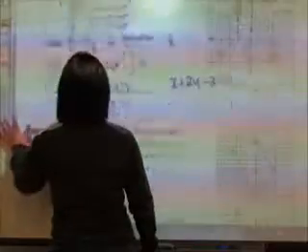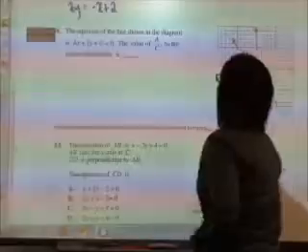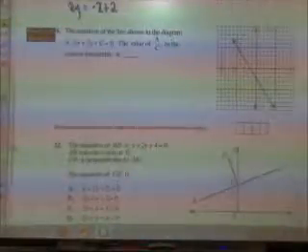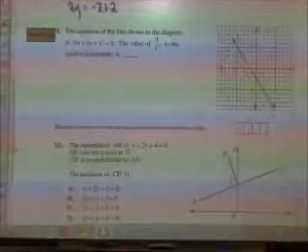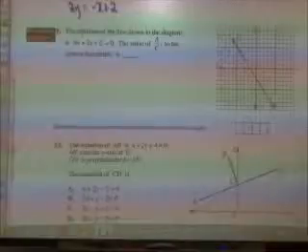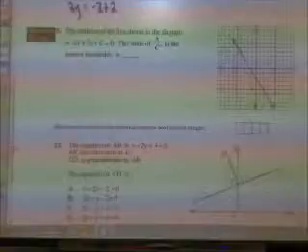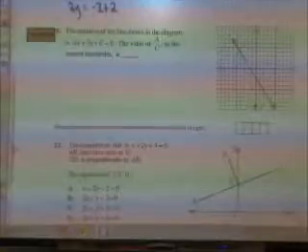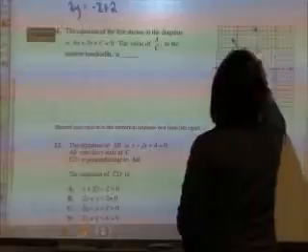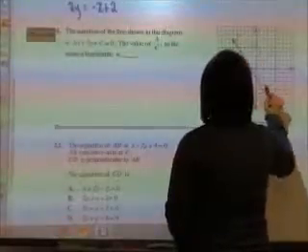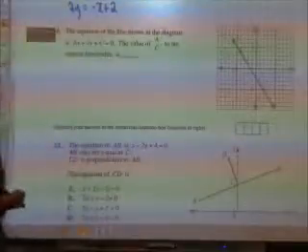Question number 4, numerical response. The equation of the line in the diagram is ax plus 2y plus c equals 0. The value of a over c to the nearest hundredth is what? So I'm given 2 points on the graph, which means I can find the slope.